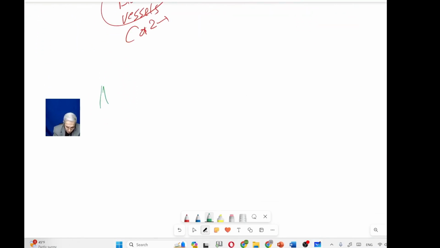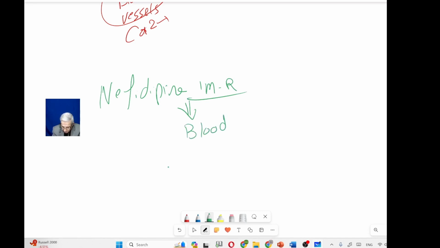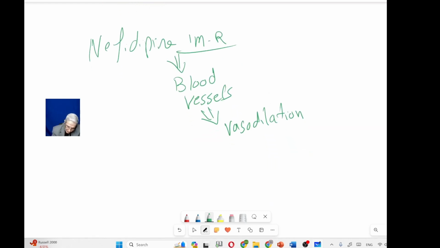So what happens with short-acting nifedipine, or we can call this immediate release? This medication mainly works on the blood vessels and causes vasodilation. When you have vasodilation, the result will be reflex tachycardia.